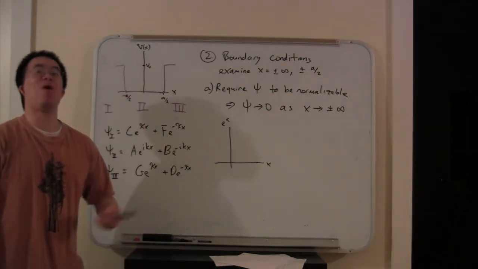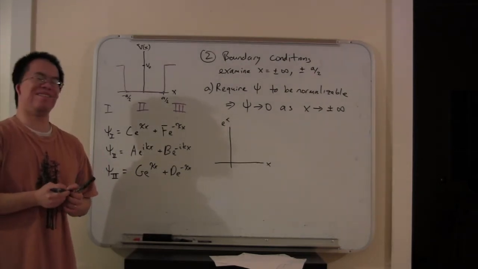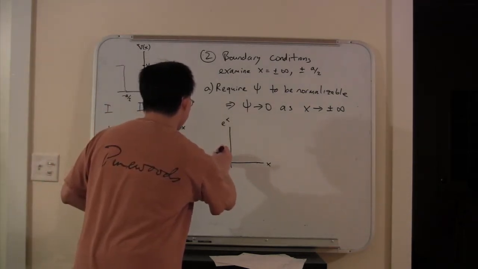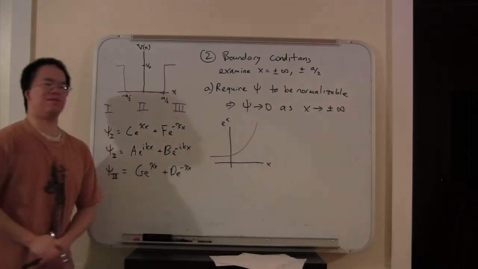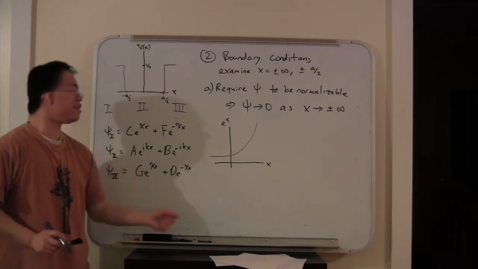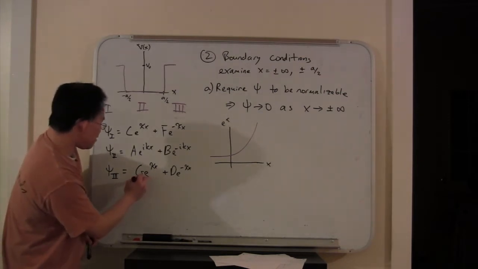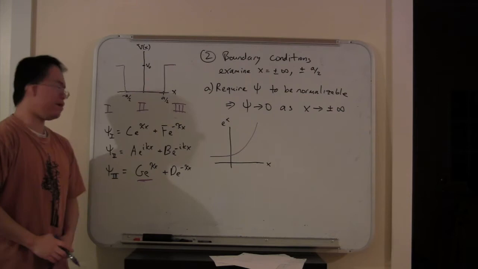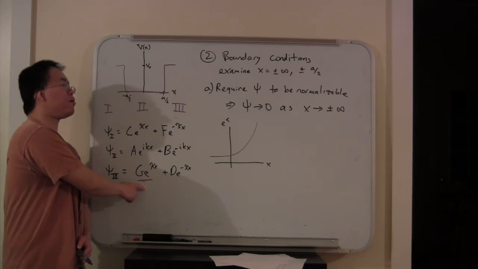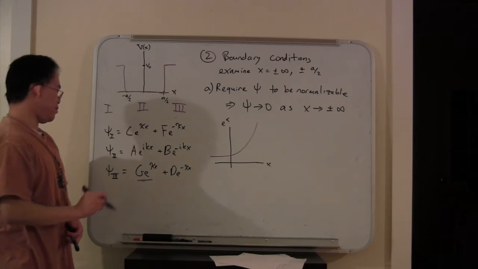I think we've all had exponential growth on our minds in a new and scary way over the last few weeks. But hopefully you remember from calc that e to the x looks something like that. Namely, as x goes to infinity, e to the x also goes to infinity. So this term is a problem, because as x goes to positive infinity, this term blows up, which would prevent our wave function from being normalizable.